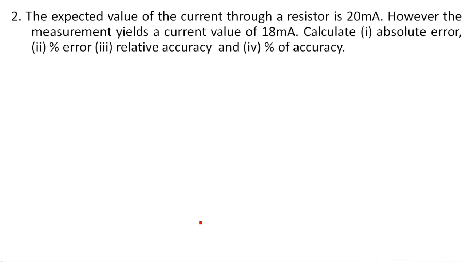Let us take another simple problem. In the previous case it was given in terms of voltage across a resistor, and in this problem it is given as current through the resistor. Here also these are the four values we need to find out: absolute error, percentage error, relative accuracy, and percentage of accuracy.